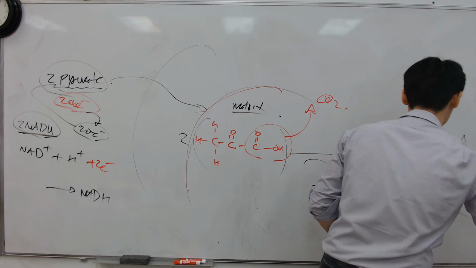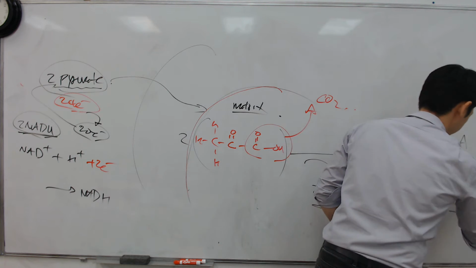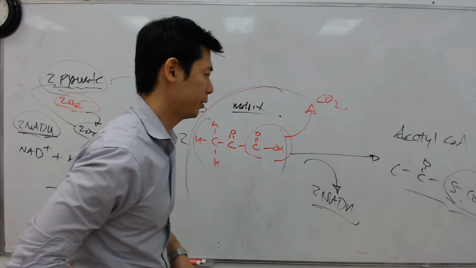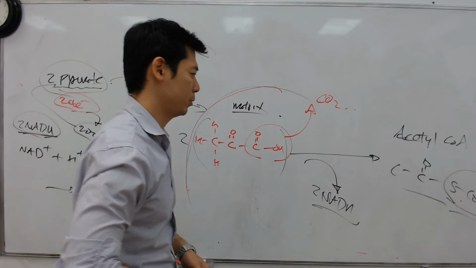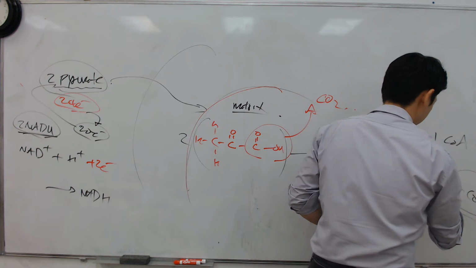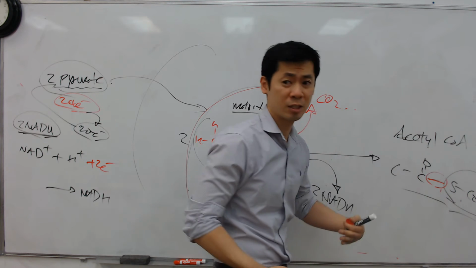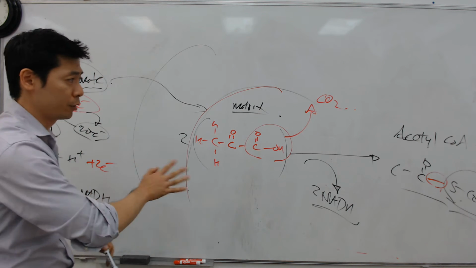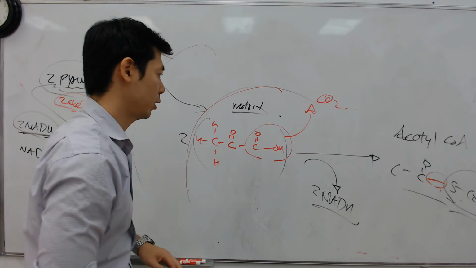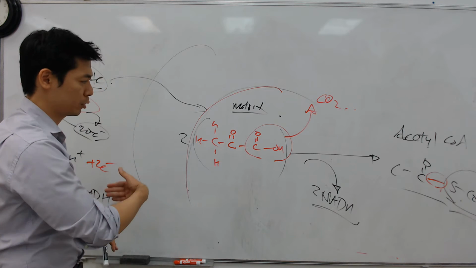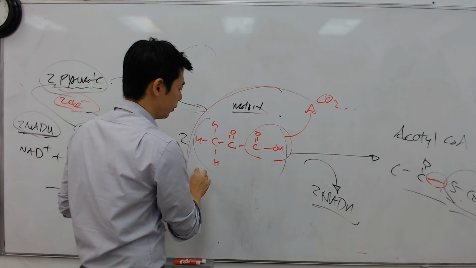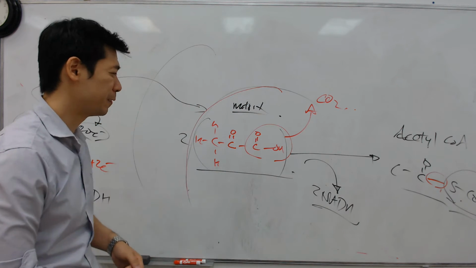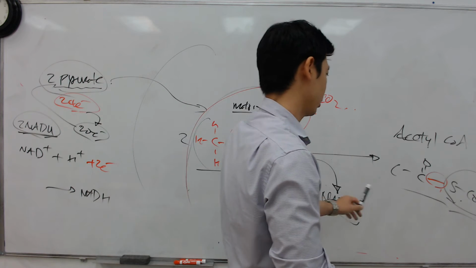This sulfur and acetyl portion makes the bond relatively unstable, at a high energy. All in all, this is the formation of acetyl-CoA within the matrix of the mitochondria, converting pyruvic acid into acetyl-CoA.